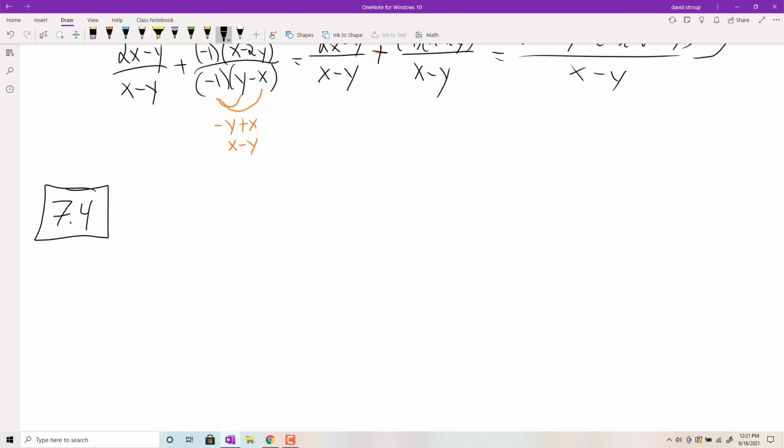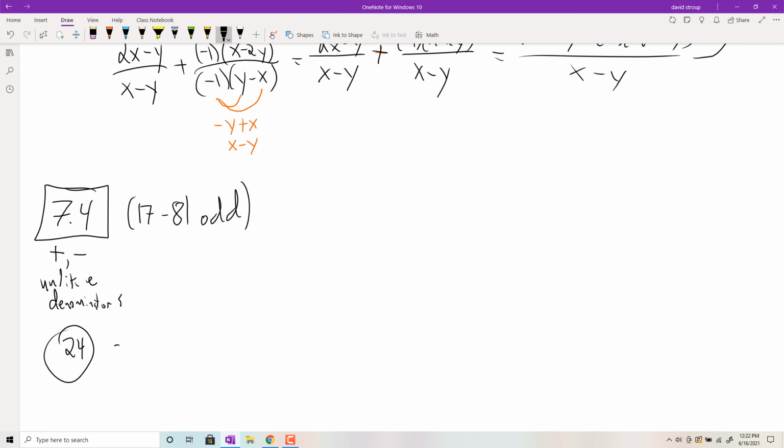7.4 then, now we're adding and subtracting with unlike denominators. And I'll be considering questions like 17 to 81 odd. Okay, and let's look. So 24, starting with, you have 3 plus 1 over x.